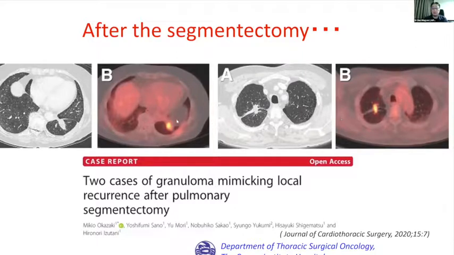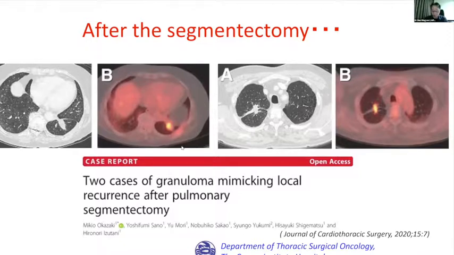So we sometimes experience a granuloma occurring at the cutting edge like this. For recurrence at the cutting edge, we sometimes perform completion lobectomy after segmentectomy, but it's a quite difficult procedure. So the indication is the most important.